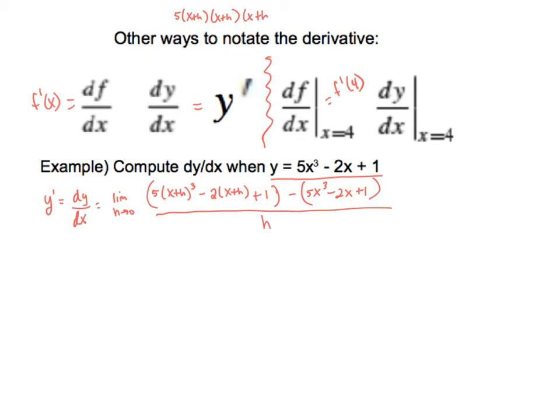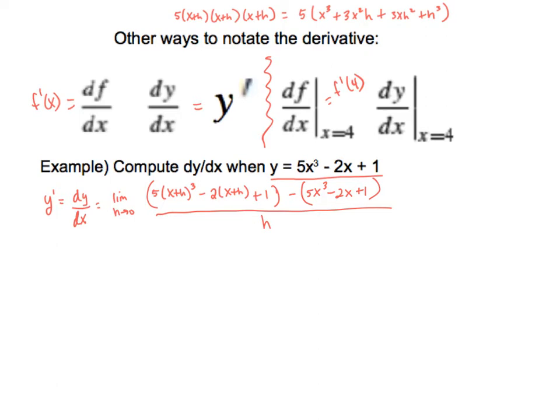Remember that we did already do the x plus h 3 times, so I'm just going to put that in right away. You can look back in the notes a few pages. But you should get an x cubed, a 3x squared h, a 3xh squared, and an h cubed. And now we just have to distribute the 5 to it.